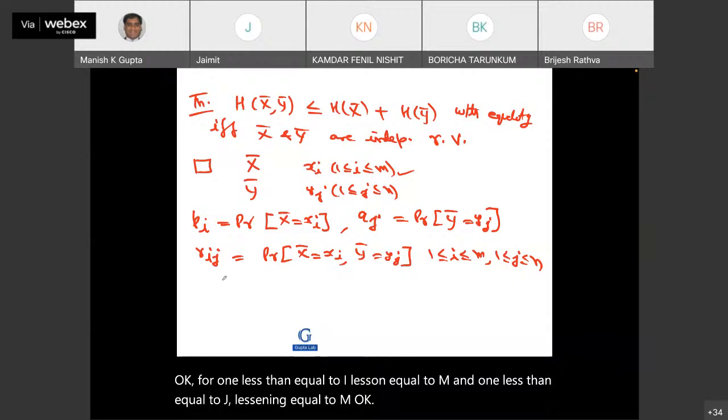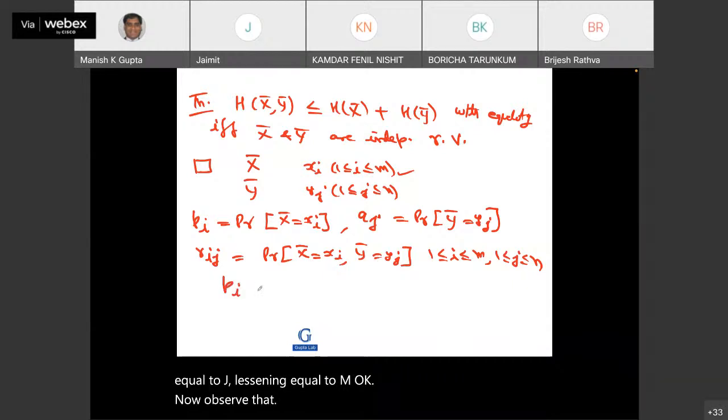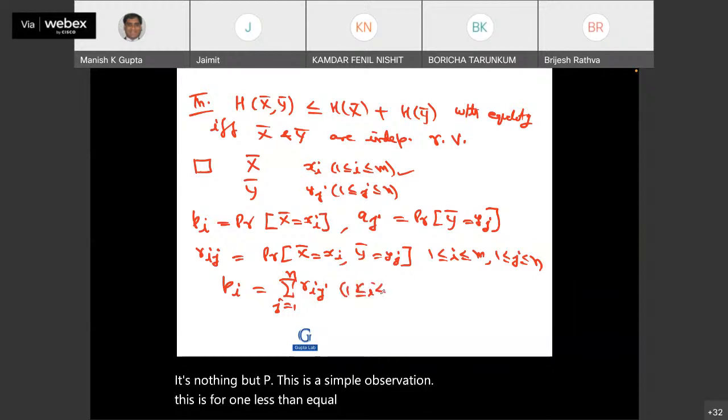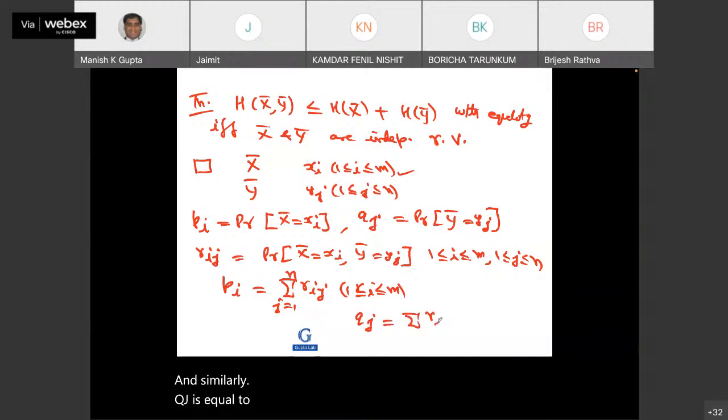Now observe that pi is nothing but the summation over j equals 1 to n of rij, for 1 ≤ i ≤ m. And similarly, qj is equal to the summation over i equals 1 to m of rij, and this is true for 1 ≤ j ≤ n.